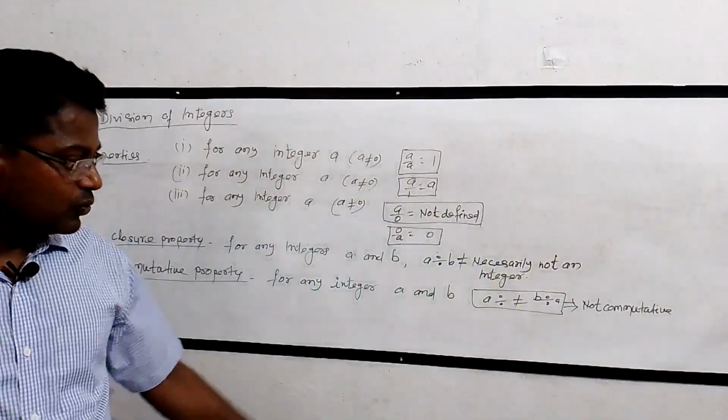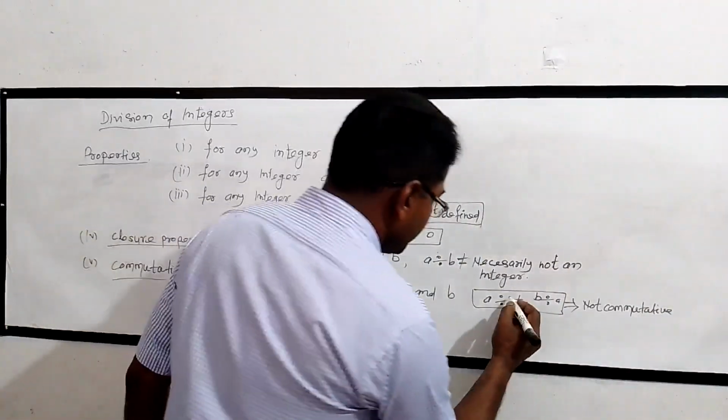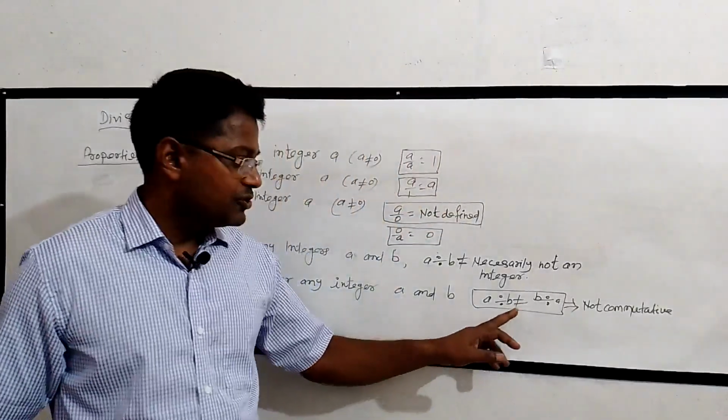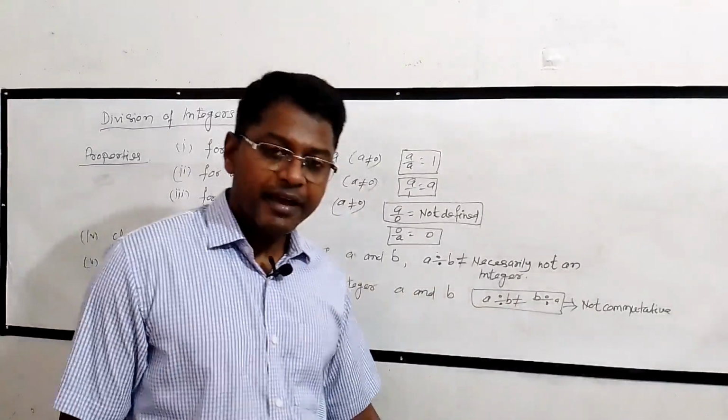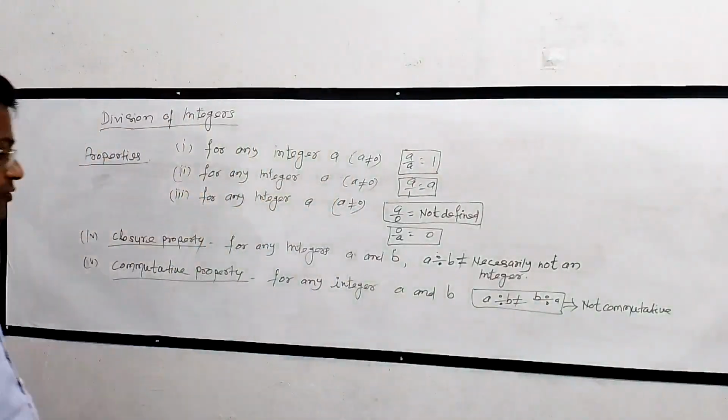It means that if there are two integers a and b, then a by b is not equal to b by a. Okay, it means they are not commutative.